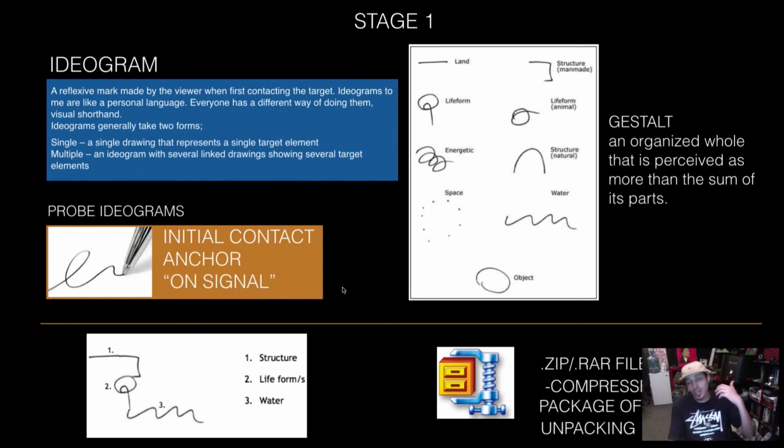This is all done intuitively, all through the subconscious. The subconscious knows what the target is. It sees the target number A, B, C, D, E, F, G and already knows what the target is. All it has to do now is pass that information into your conscious awareness, and in CRV this starts with doing an ideogram. It's translating this information through the body and giving it to you.